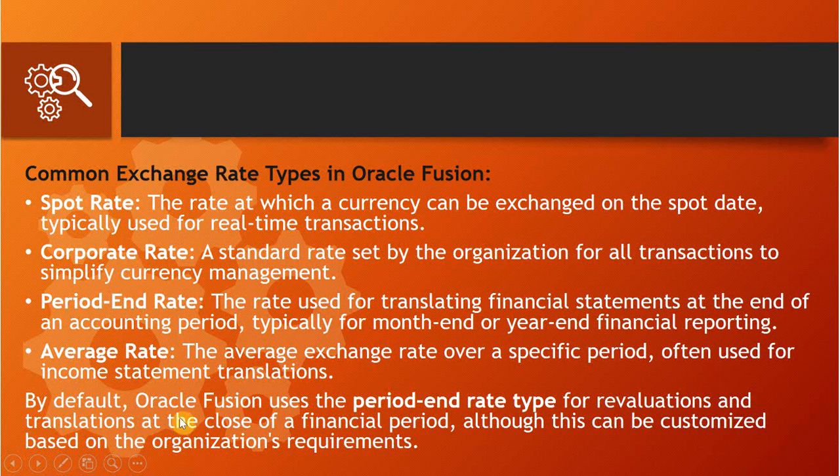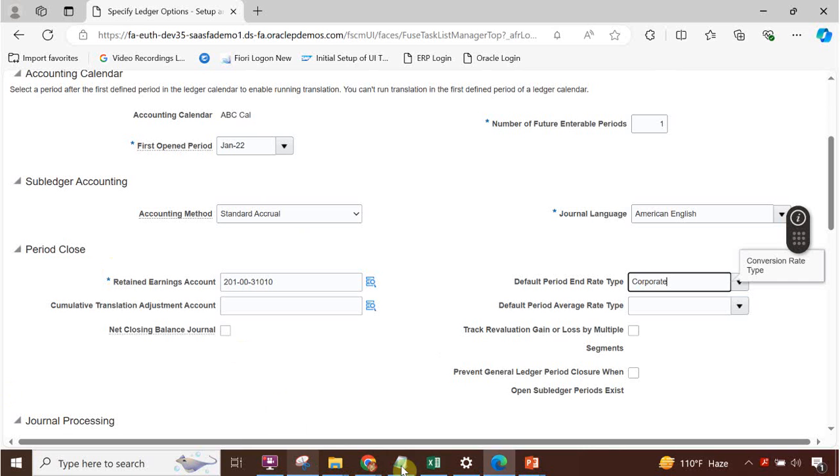By default, Oracle Fusion uses a period end rate type for revaluations and translations at the close of a financial period, although this can be customized based on the organization's requirement. So I will select here the corporate. And for default period average rate type, basically this is used for the income statement.